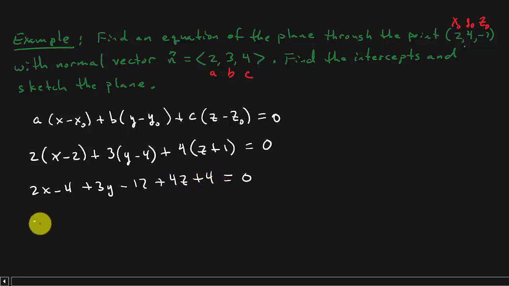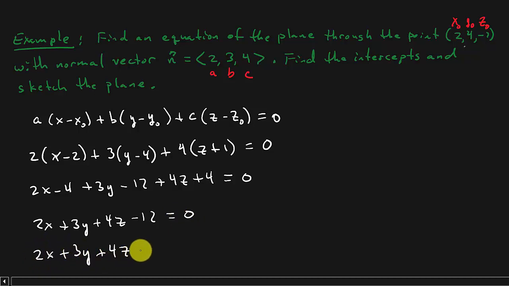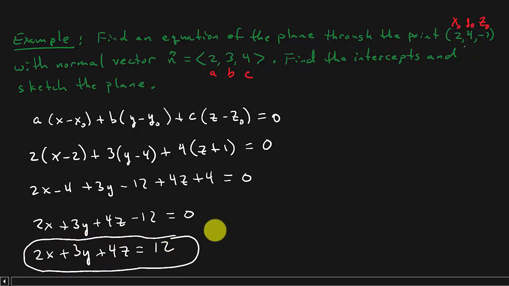And so that's going to give me 2x plus 3y plus 4z minus 12 equals 0. So that's going to give me 2x plus 3y plus 4z equals 12. Just move the 12 over.